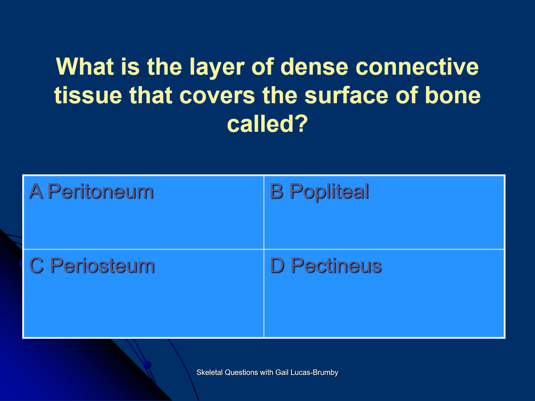What is the layer of dense connective tissue that covers the surface of the bone called? Is it A, peritoneum? Is it B, popliteal? Is it C, periosteum? Or is it D, pectineus?